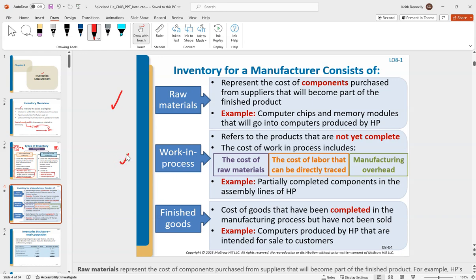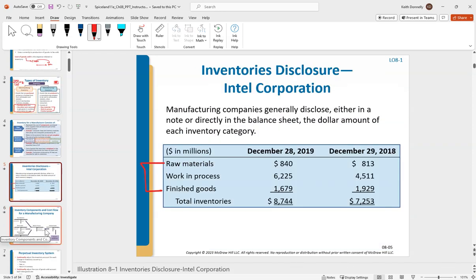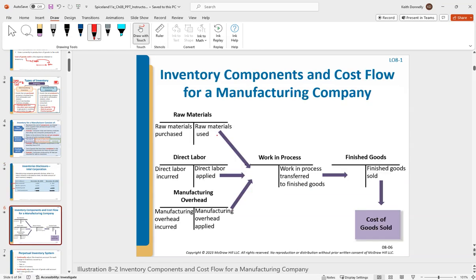They'll have WIP, work in process, for after we have the raw materials and we start mixing them together. We'll have a product that's halfway there, and then we'll have our finished goods. Once that pizza is all the way cooked, put in the box, we're ready to ship that out. So you would see those on the balance sheet for a manufacturer.